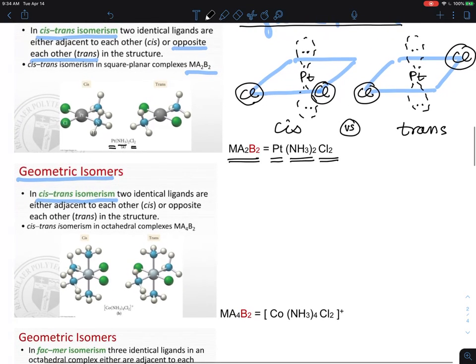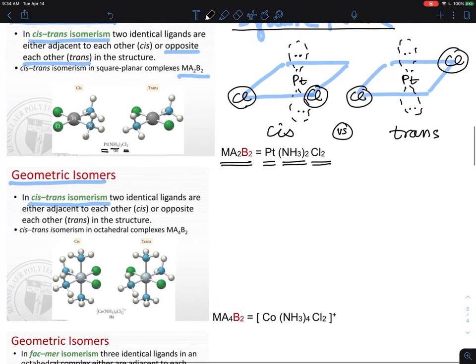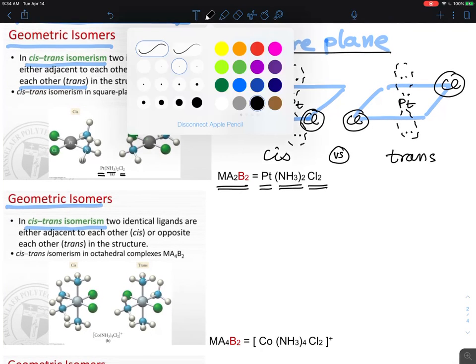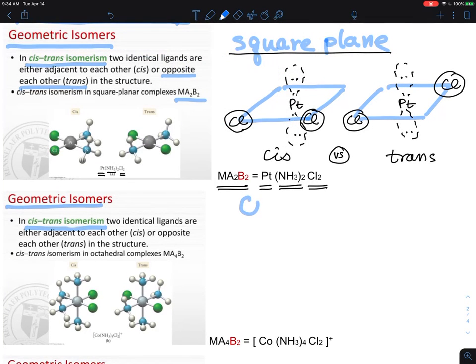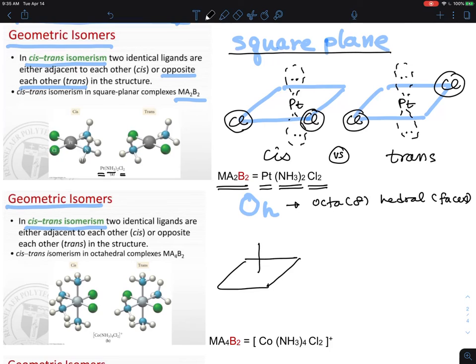Another example of geometric isomers is octahedral. So this is based on the octahedral. Once again, I just want to recap: octa means 8, hedral means faces. Right? So if you draw this plane and point up, you can think of it like a pyramid with 4 faces.